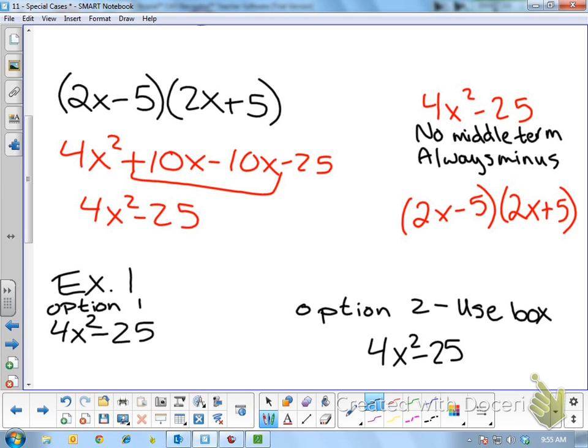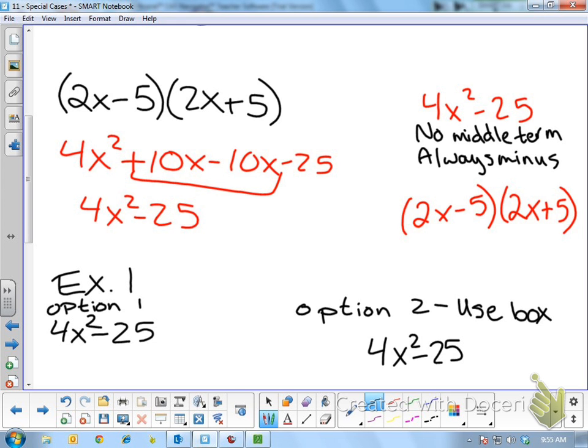And then 4 and 25 are a special kind of number. They're not both even, they're not both odd. But what could I do with 4 and 25? What's the square root of 4? What's the square root of 25? 5. We call numbers we can take the square roots of by a special name. Trevor?